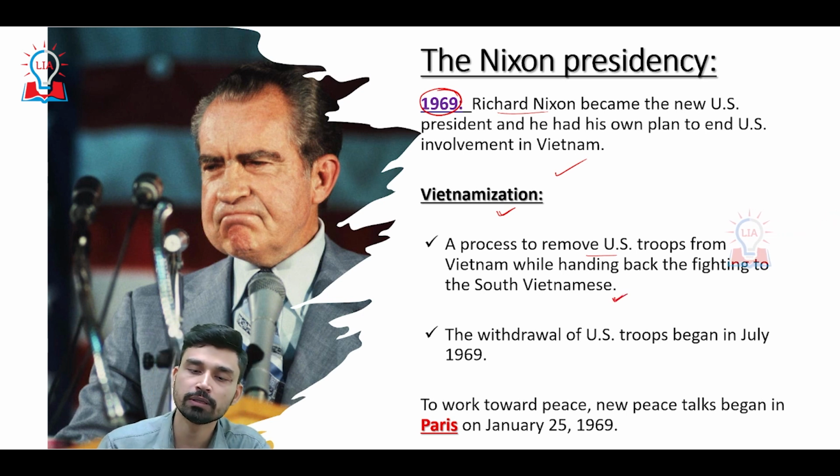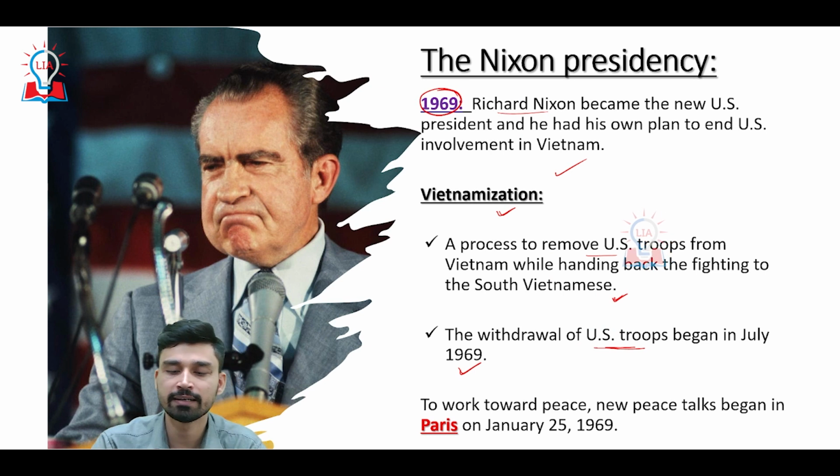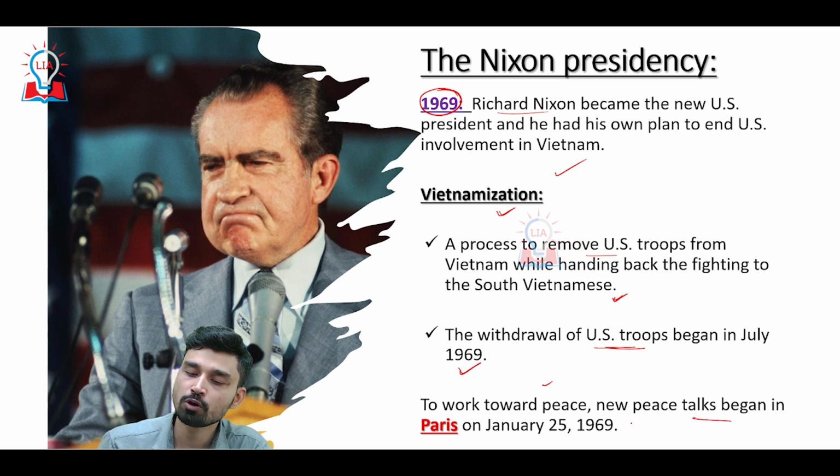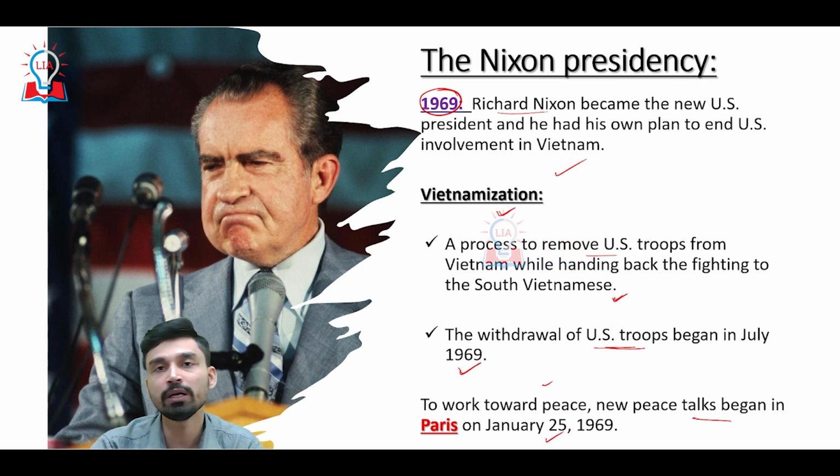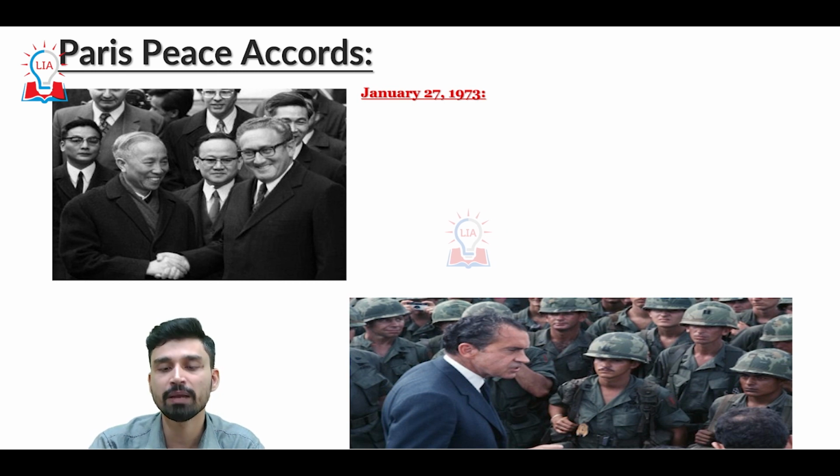And thus, to ensure that his plan went on, he began withdrawal of US troops in July 1969. At the same time, to ensure that the work toward peace also went on, a new peace talk was initiated on the 25th of January 1969 in Paris.